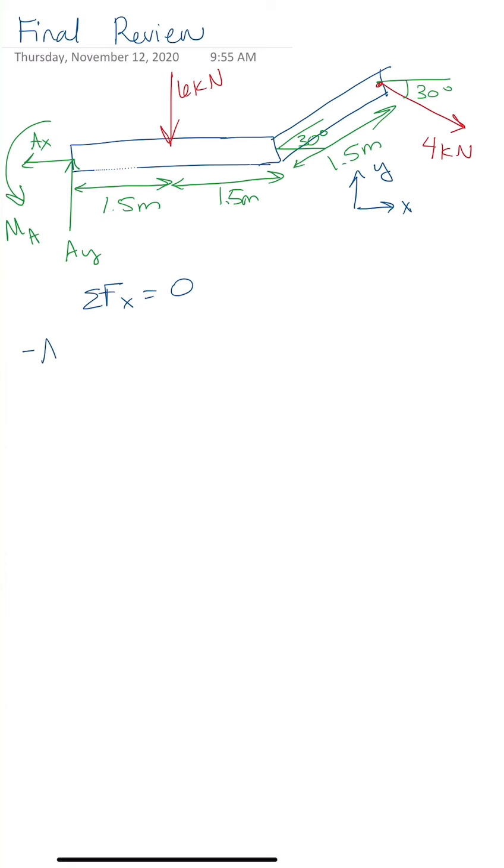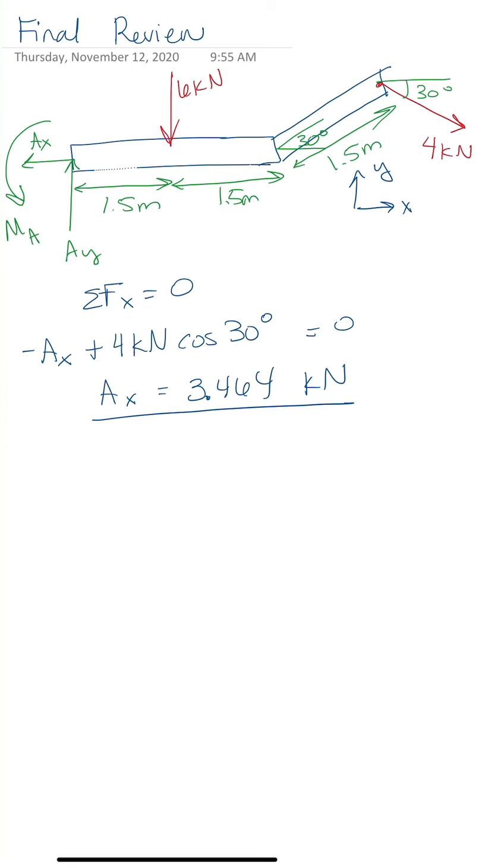So we get negative AX plus 4 kilonewtons times the cosine of 30 degrees. And the 6 kilonewton force is just up and down, and AY doesn't count. So those equal 0. So AX equals 4 times cosine of 30, which equals 3.464 kilonewtons. So that's one of the things we need.